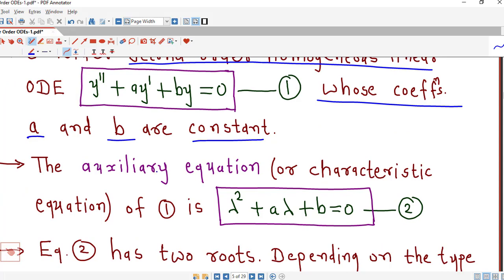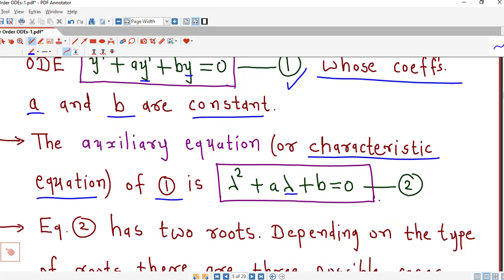Then the auxiliary equation, another name is the characteristic equation, of this equation 1 is lambda square plus a lambda plus b equal to 0. As I discussed, y'' is replaced by the second power of lambda, y' is replaced by the 1st power of lambda, y is replaced by the 0 power of lambda, that is 1. So this is the auxiliary equation.